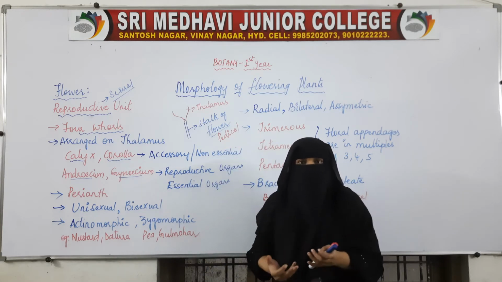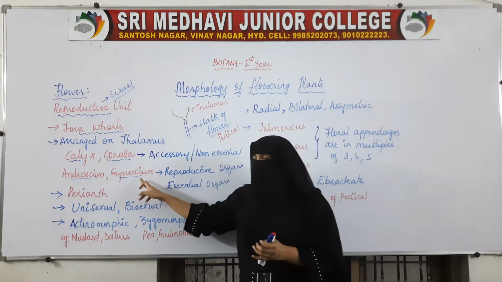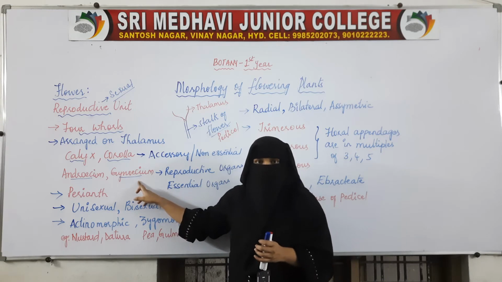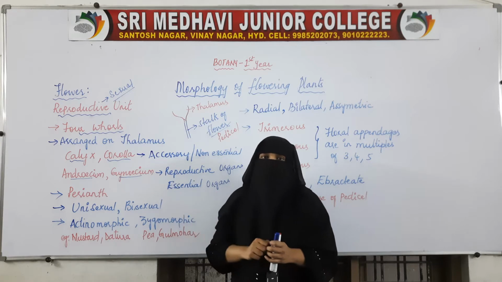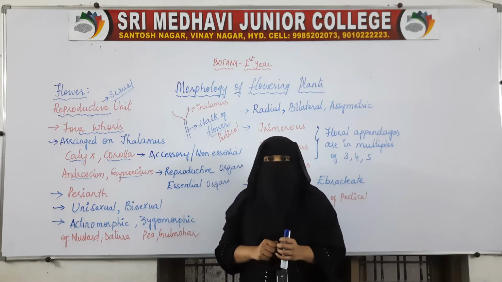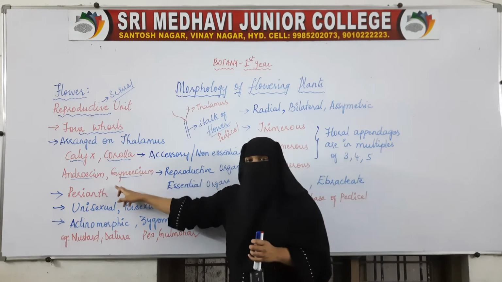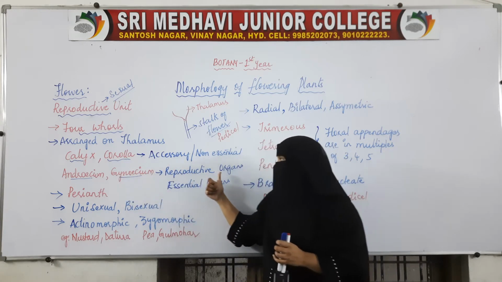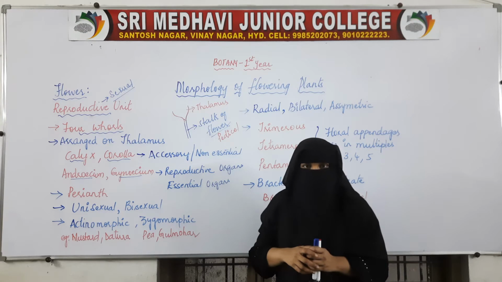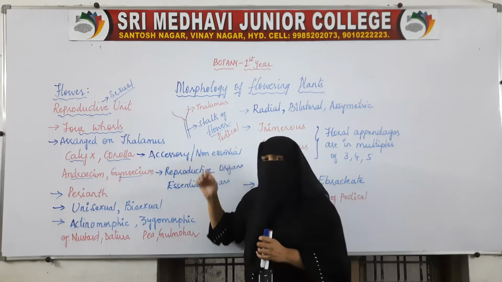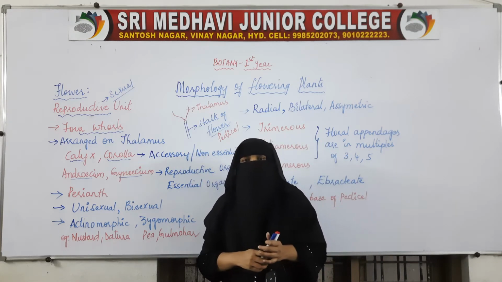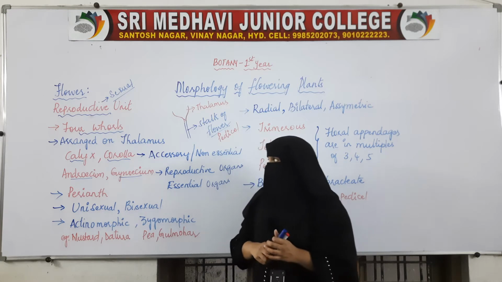Essential means it is required, because if this is not present in a flower, reproduction cannot take place. That is why androecium and gynoecium are called the reproductive or essential organs, and calyx and corolla are called accessory or non-essential organs.